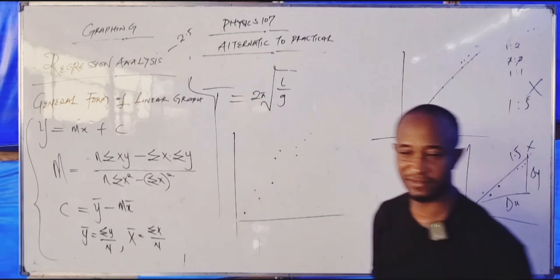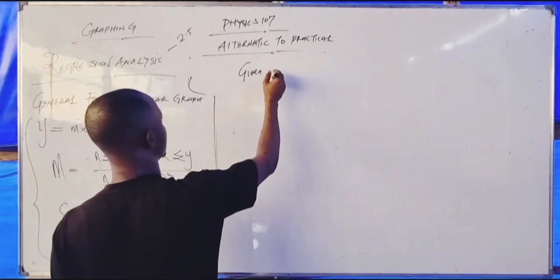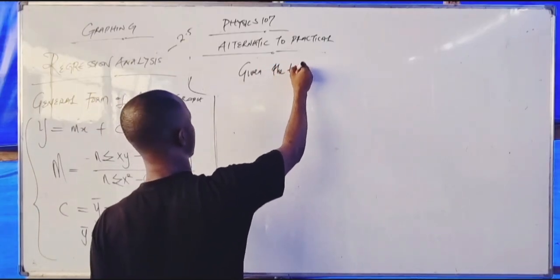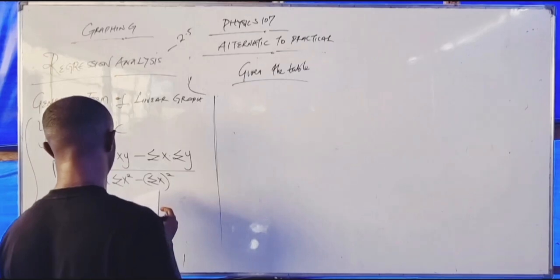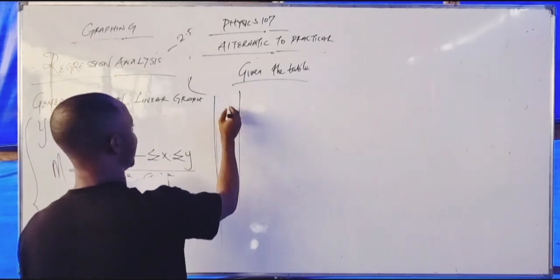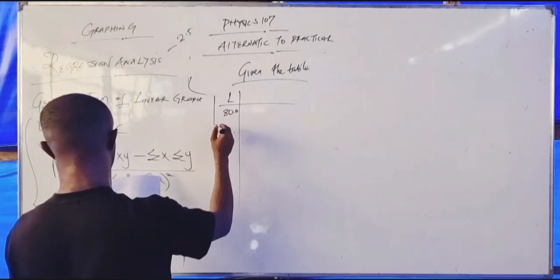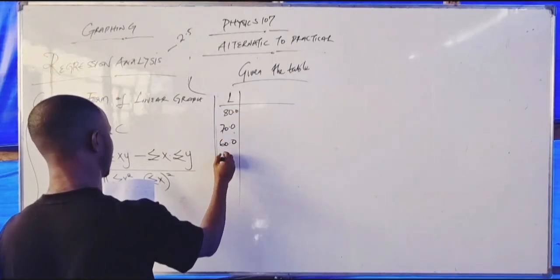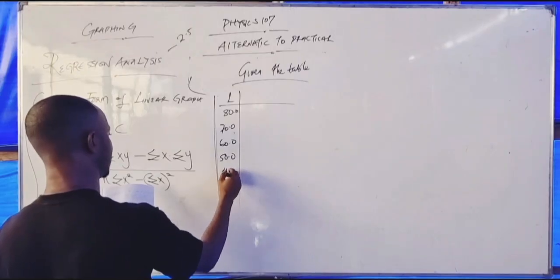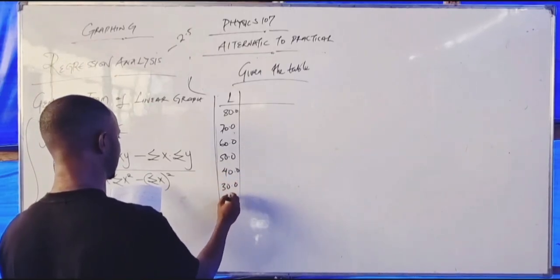Yes. Let me have that assignment. Let's solve it here. We are given the table. Plot a graph of the table. Here we have L: 80.0, 70.0, 60.0, 50.0, 40.0, 30.0, and 20.0.